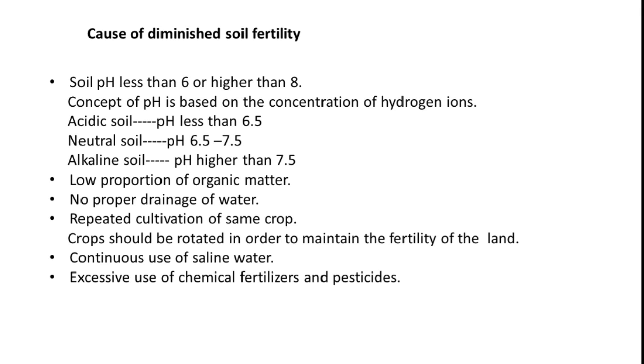Acidic soil means the pH will be less than 6.5, alkaline soil means the pH will be higher than 7.5, and neutral soil means the pH will be between 6.5 and 7.5. So the ideal pH is the neutral one, between 6.5 and 7.5.